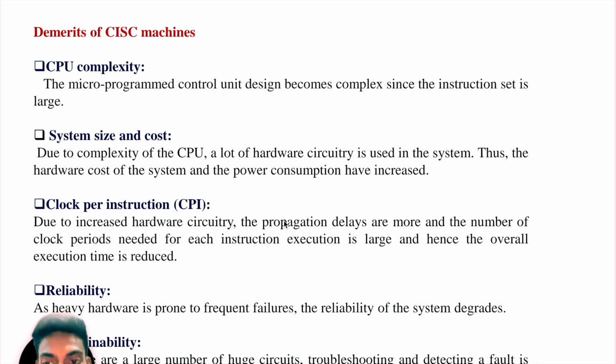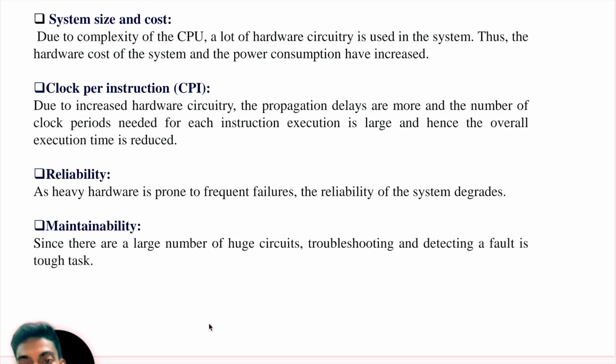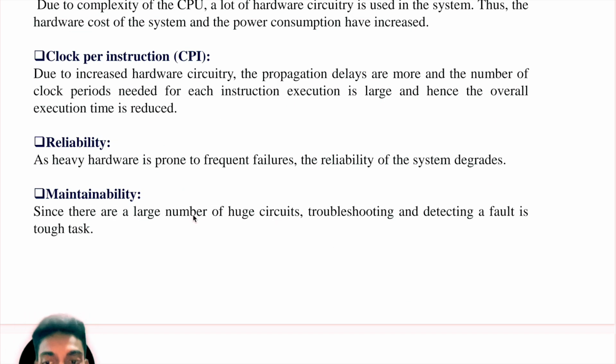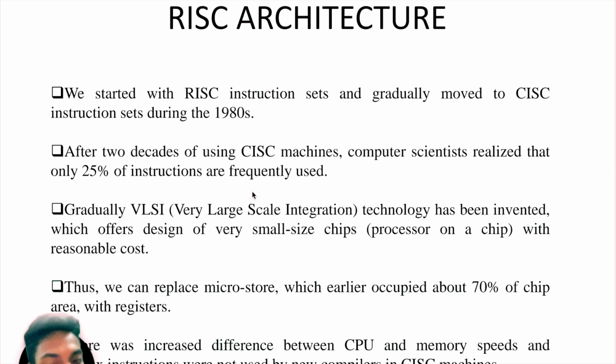Clock per instruction: a single instruction may take a single clock cycle, but the biggest disadvantage is that a single multiplier unit functioning independently might take more than one clock cycle, whereas in RISC architecture, any instruction that you fetch from the 150 to 200 available instructions takes just one clock cycle, ensuring the fastness and smoothness of the circuitry and execution of code. Maintainability is also tough, because if a single unit fails, then that entire machine instruction is invalidated, and reliability is not that high.